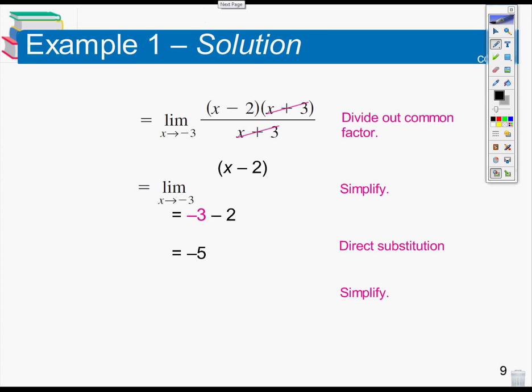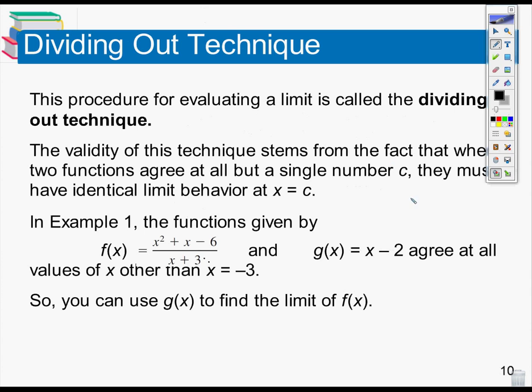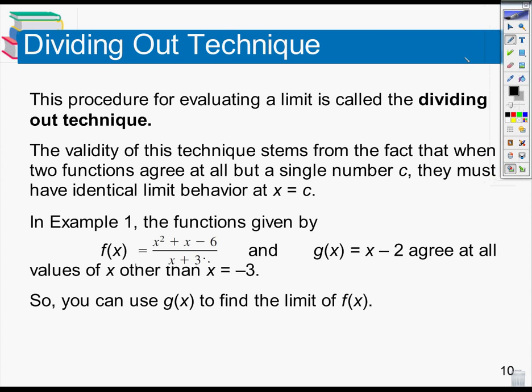So how does this work? Why is this even a thing, and why is this valid? Well, basically what's happening here is this larger function shares every single point in common with the smaller function. This larger function follows the exact same pathway as the smaller function, with the exception of one point, and that's at x equals -3.